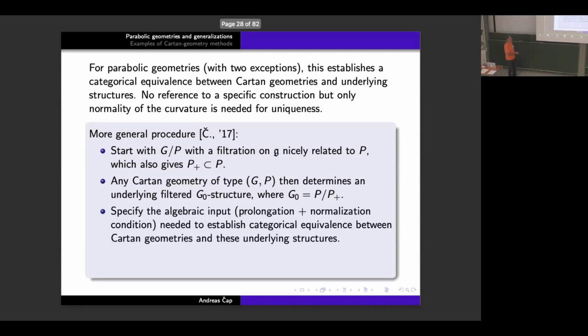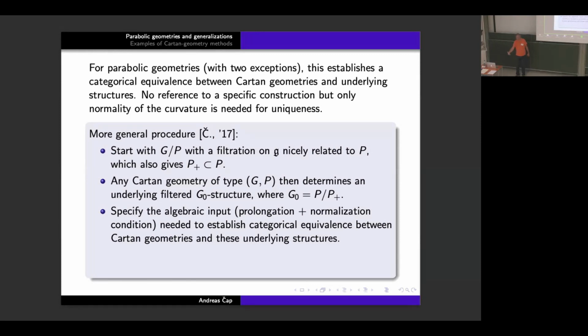Then you can abstractly specify what you need in order to get a canonical Cartan connection. What you need is all finite dimensional information.